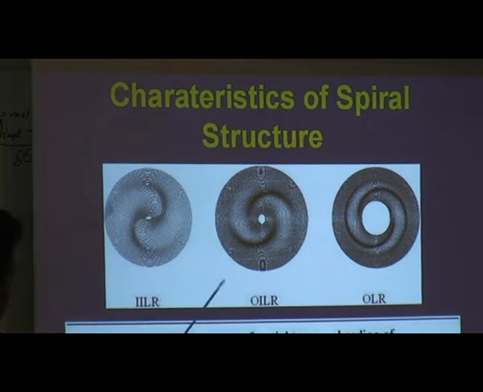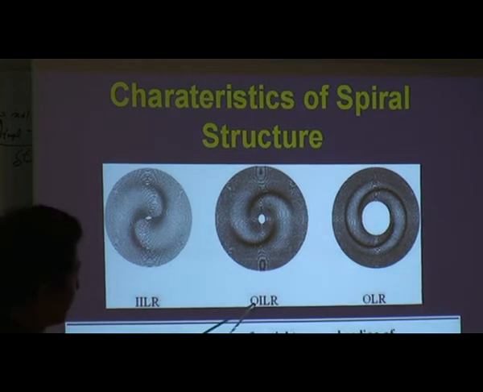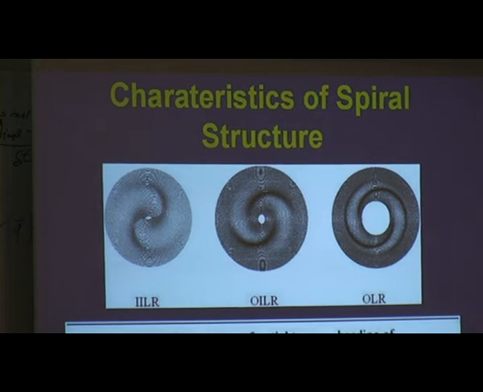And there may exist two inner resonances. We can additionally differentiate between outer and inner linear resonances. And using this theory, you can produce three different structures.